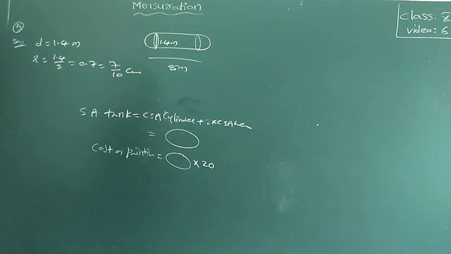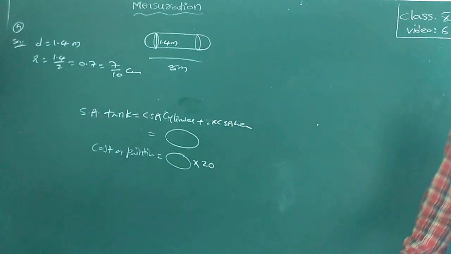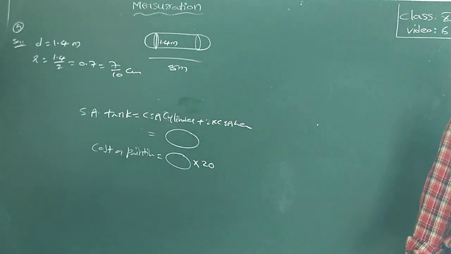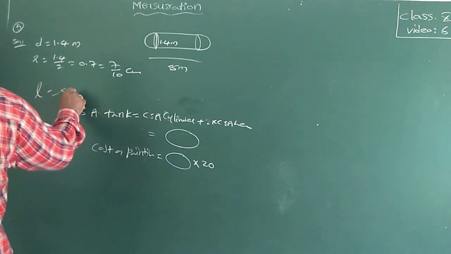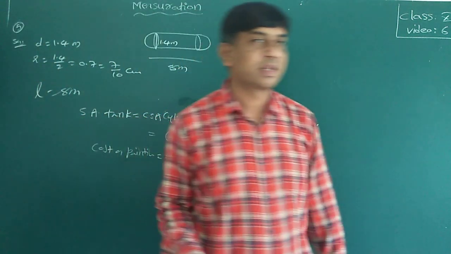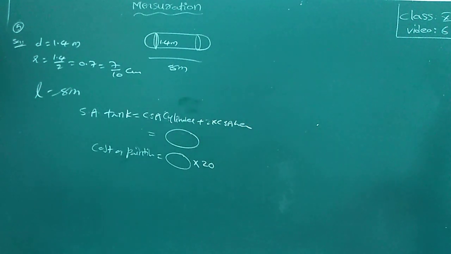Okay, understood? This surface area multiply with 20 rupees, you may get the answer. Here length is equal to 8 meters. Okay, please try it. Try that one now.